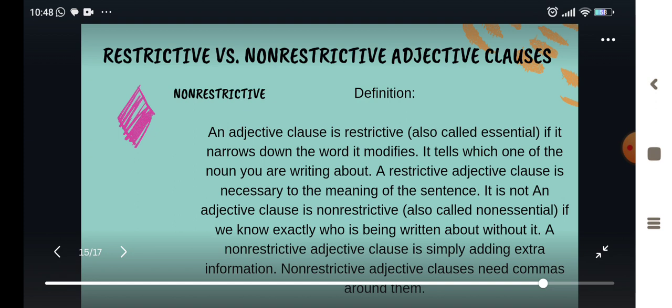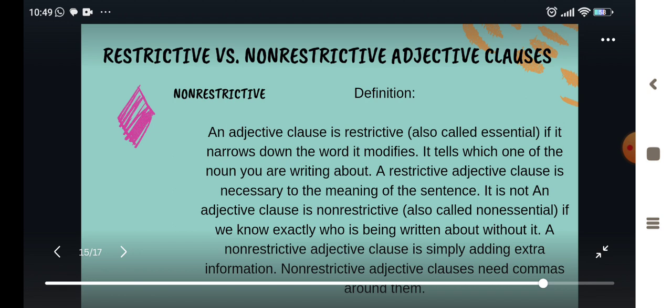And non-restrictive is also called not essential. A restrictive clause narrows down the word it modifies. It tells which one of the noun you are writing about, and it is necessary to the meaning of the sentence. If an adjective clause is non-restrictive, it is called not essential.